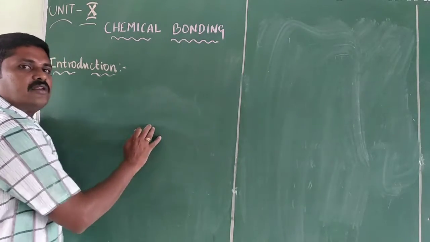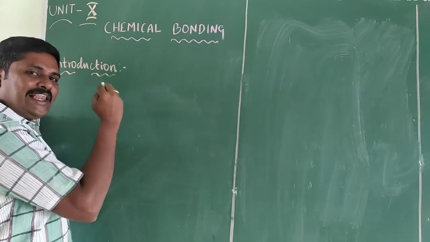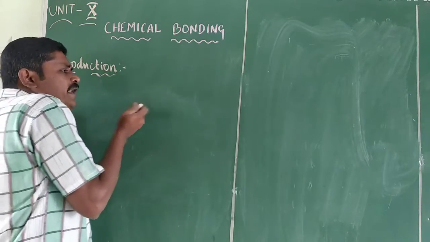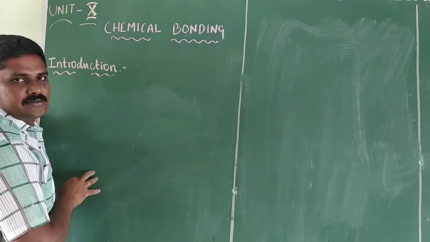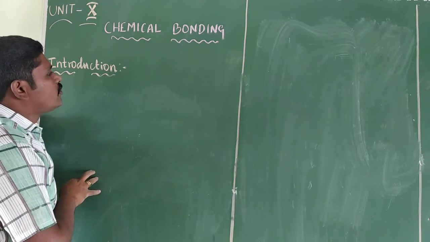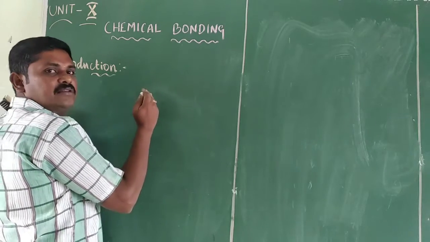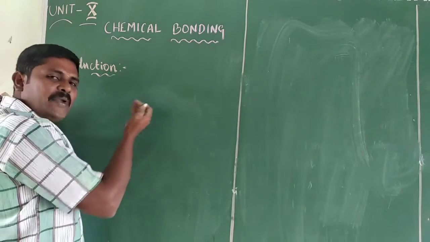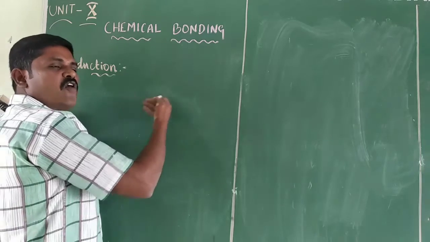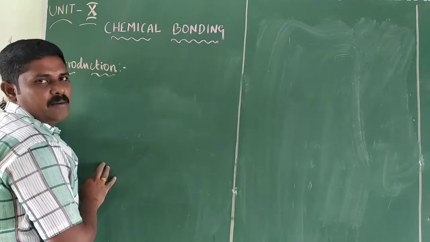Okay students, why do atoms combine only in certain combinations to form a molecule?